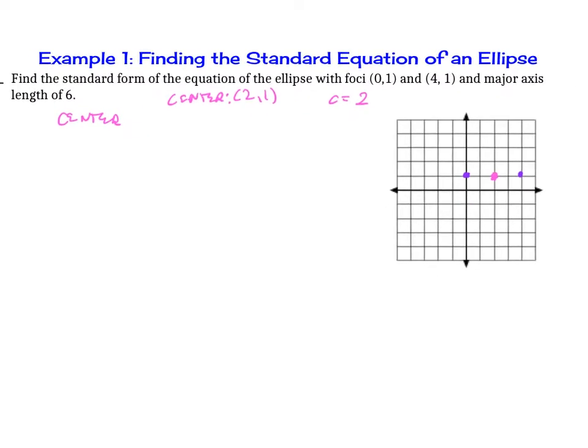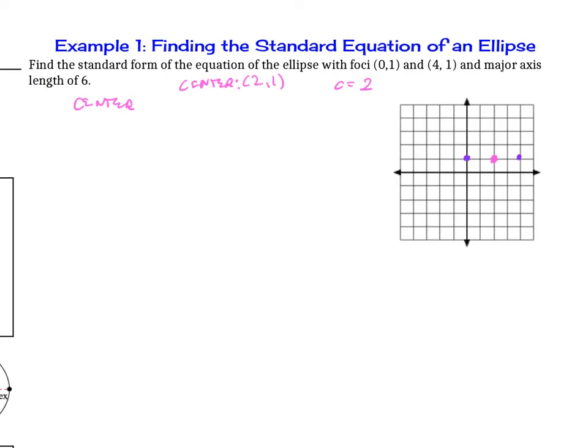Then we also know that the major axis is length 6. Remember, the major axis formula is 2 times a. So 6 equals 2a. Divide by 2, a equals 3. So this tells us where the vertices of the ellipse are.